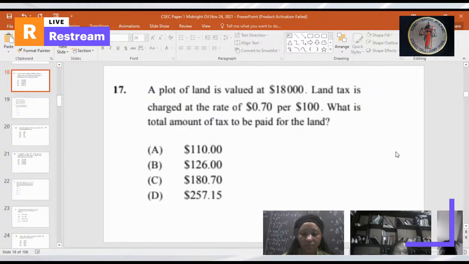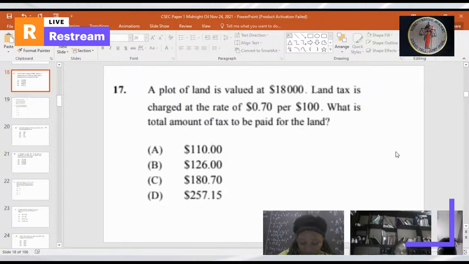So 18,000 divided by 100 would be 180. So 180 times 0.70.